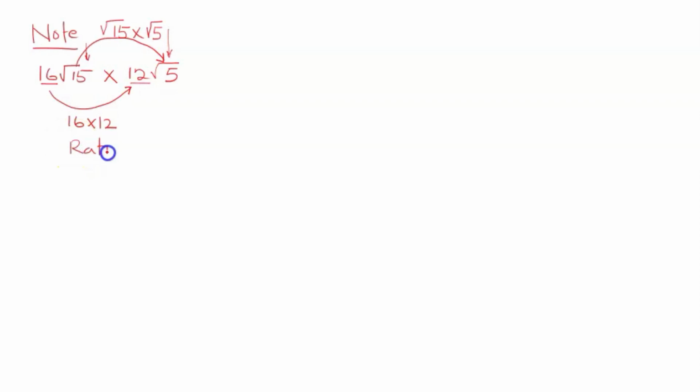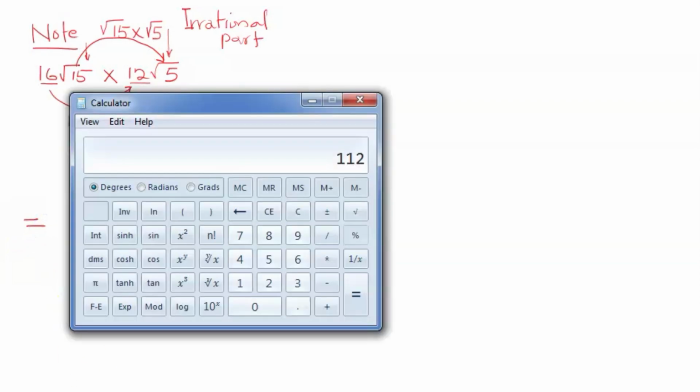So this is how you do this, so that you do not get confused. This is very important, and I want us to quickly know how to do this. All right, if we do this, what do we get? You will discover that you are going to have 16 multiplied by 12.